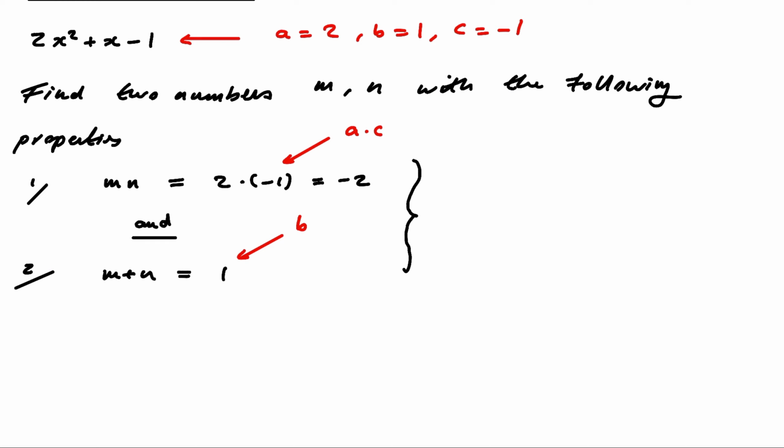So can we spot it? I want m times n to be minus 2, and the sum to be 1. Well, thankfully, in this case, there's a pretty obvious solution to it. m is 2, n is equal to minus 1. Works really nicely. It's kind of staring you in the face. This basically is just trial and error, though, or guess and check. This is the reason this is something you shouldn't rely on as much, in my opinion, not unless it's really obvious.